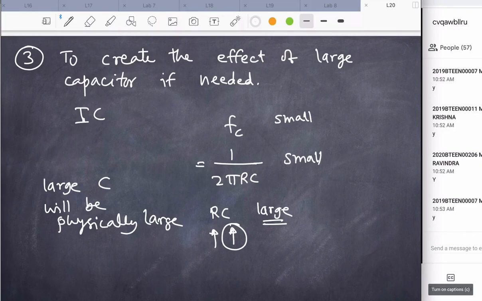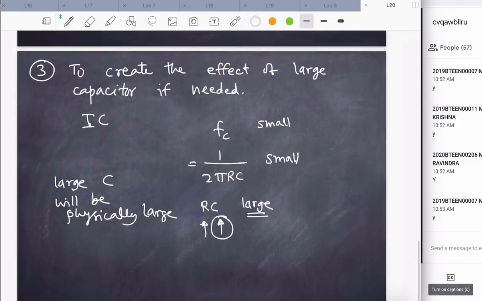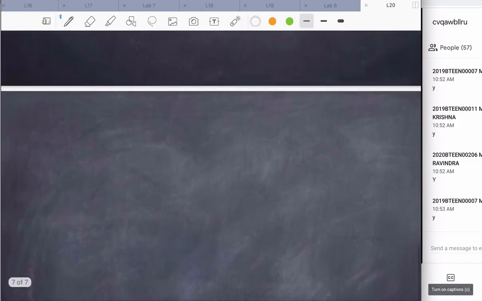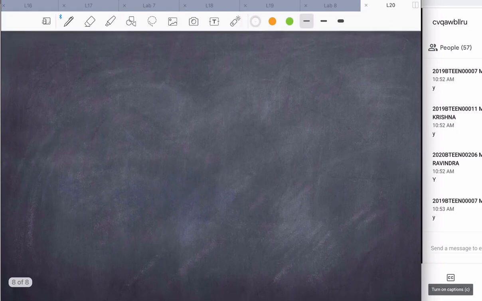Okay. So, there is an effect called the Miller effect. I will not explain that now. Please read about the Miller effect.